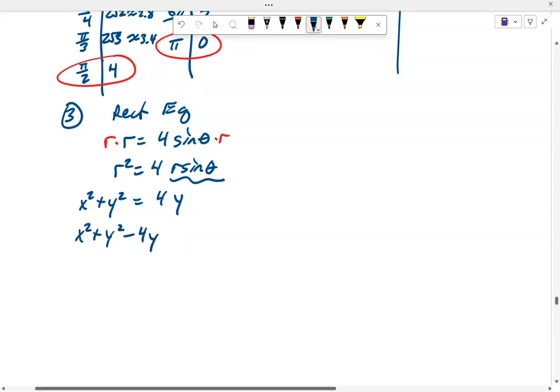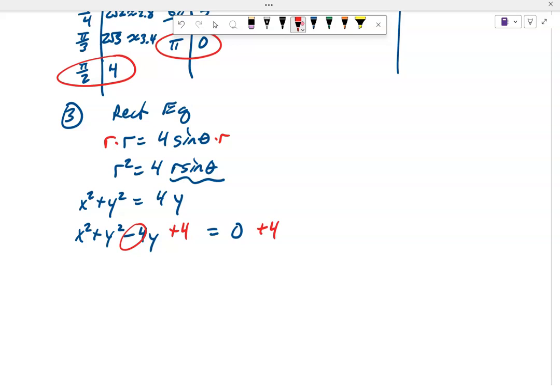Let me complete the square on this so you can see what this is. I'm going to take my b term divided by 2. Negative 2 squared is 4. I need to add in a 4 on both sides so that this factors perfectly into a perfect square. Now maybe you see that this is a circle.